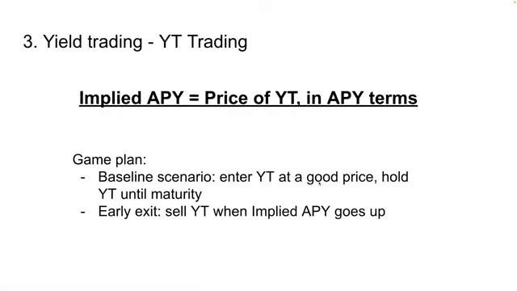I can just exit and sell the YT to get the short-term profit. That could potentially translate to very high APY overall. Many traders in Pendle have been doing exactly this for good returns, because YT prices generally fluctuate more widely.